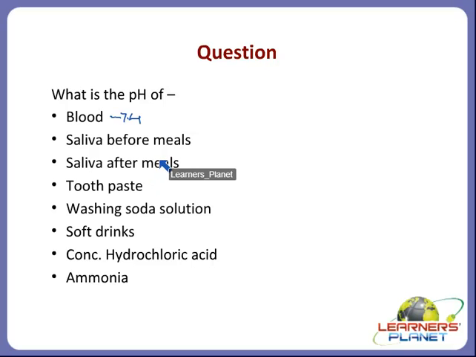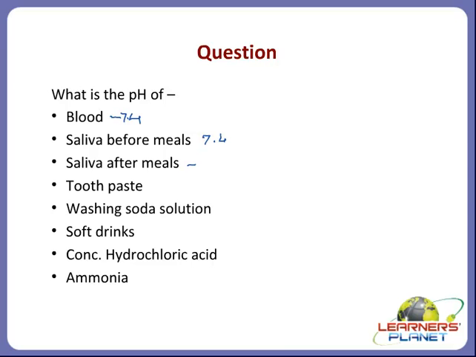Saliva before meals. Before meals, what is the medium of your mouth? It is neutral. Right? So before meals it is around 7.4. Now what will happen after meals, students? After meals, after eating carbohydrates or proteins or whatever things we are eating, the pH of the mouth decreases.